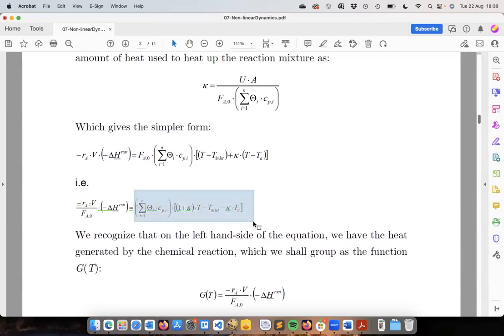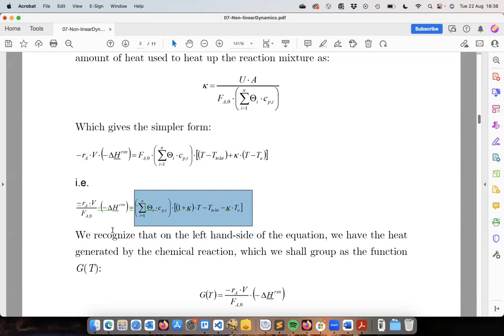On the other hand, on the right-hand side, we can see this is all about heat exchange between the jacket and the reactor, right? There's a bit about the inlet feed and so on. And of course, this inlet feed and the fact that there's a difference in temperature between the inlet and the actual reactor temperature, that's balanced by the heat being added. So all this is about how much heat we are removing from the system.